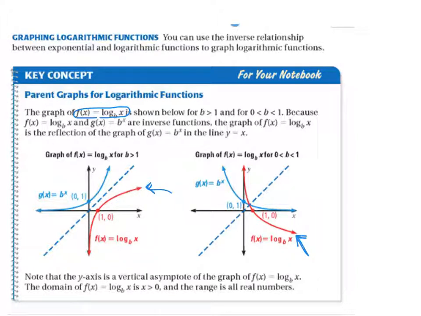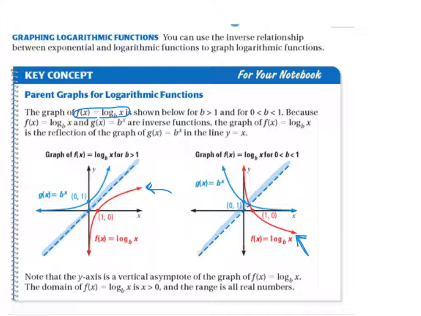Because f of x equals log base b of x and g of x equals b to the x are inverse functions, the graph of them is a reflection over the line y equals x. That line right there is the line y equals x. The y-intercept is 0. The slope is 1, right? Okay, right here too.